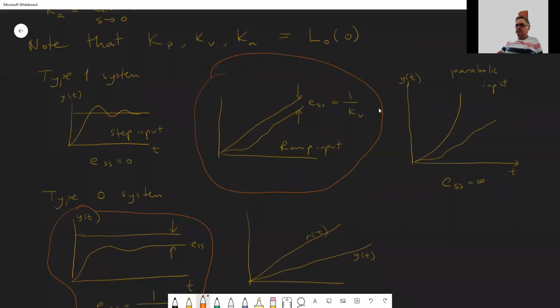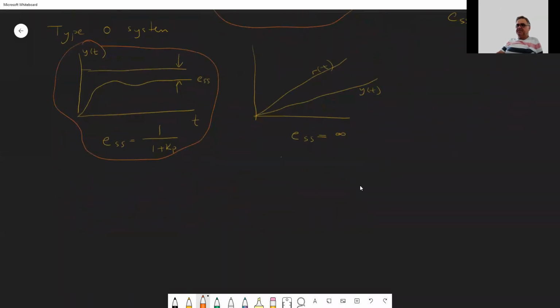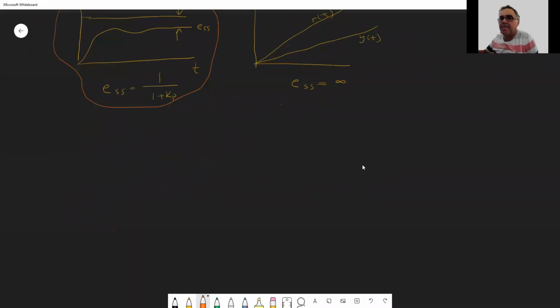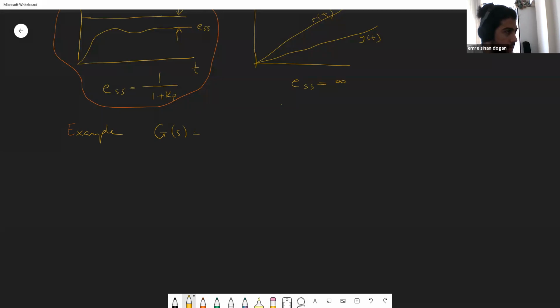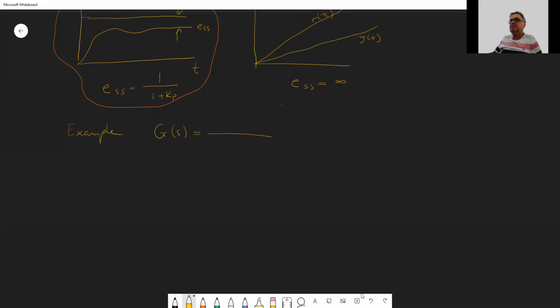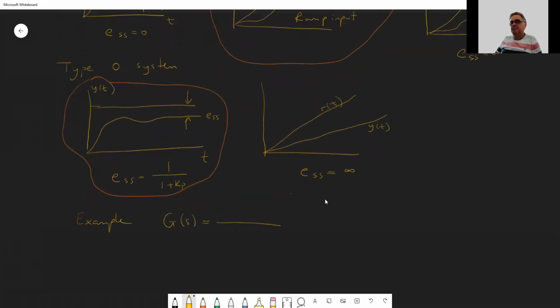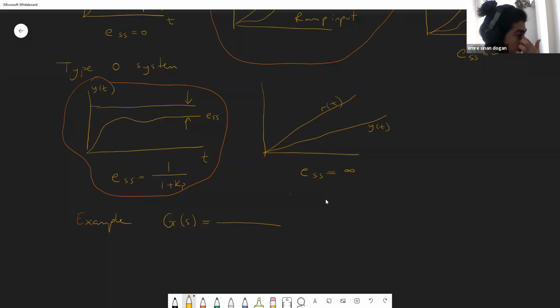For example, another example, let's say G(s) is... Hocam, the second graph you took in the orange circle, it is type 0, right? Okay. Yeah, this is type 0.